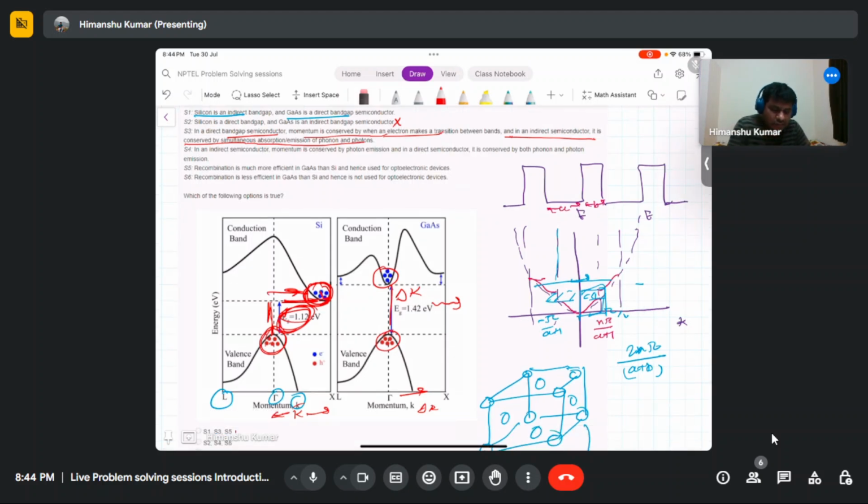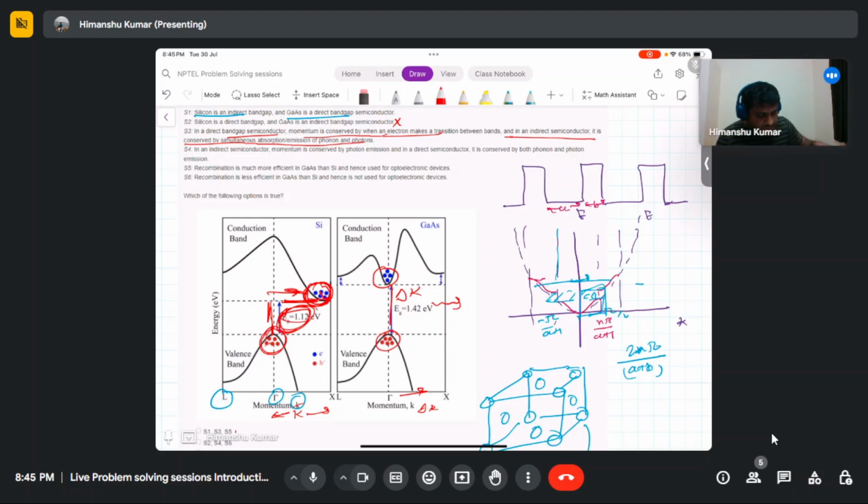But the momentum corresponding to a normal photon is very small compared to the matter wavelength and the corresponding momentum. So photons can't provide such a large change in momentum.